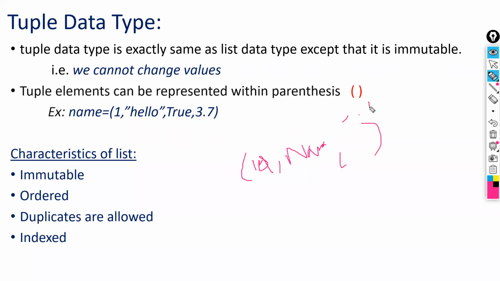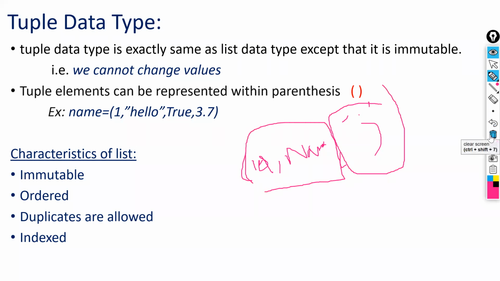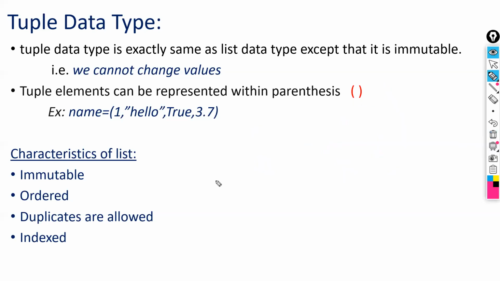Attendance percentage will change. Backlogs will change. Those are mutable. But these are immutable. This is the major difference between list and tuple. Remaining all are the same: it is ordered, duplicates are allowed, and indexed.